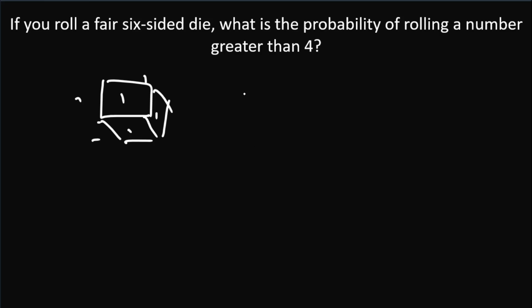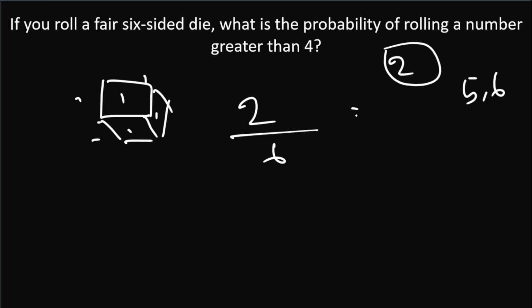The rolling number needs to be greater than 4, so we will get two numbers, 5 and 6. So it's 2 over 6, so we will get the answer 1 over 3.